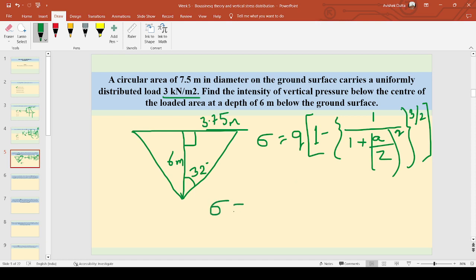or we can also use another formula: sigma, the vertical stress at depth z, equals q into 1 minus cos cube theta. Theta is this angle, that is 32 degree.